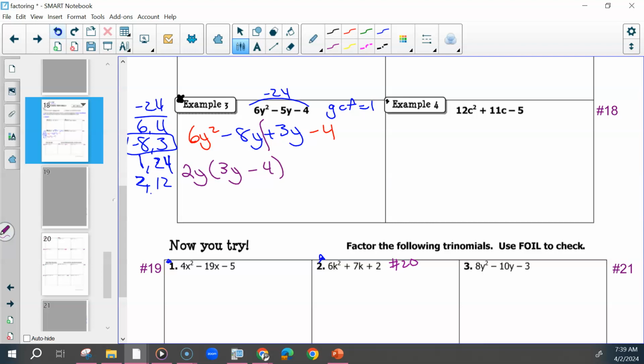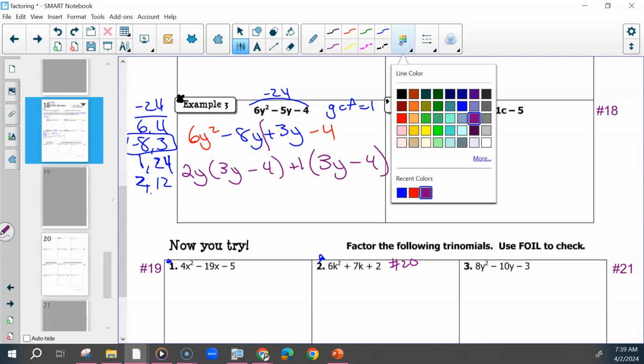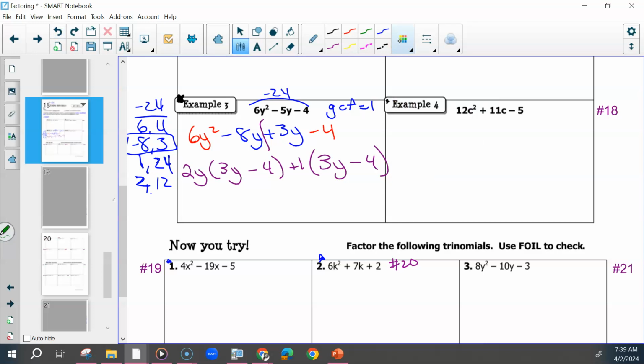1. Leaving us with the same, 3y minus 4. And then our final step? Oh wait, no, you too. 2y, 1, and then 3y.